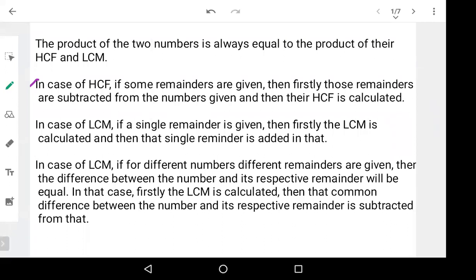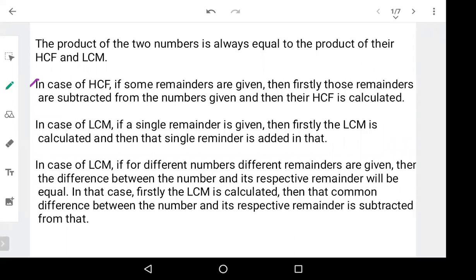They will usually ask problems like: find the largest number which divides three given numbers and leaves a remainder of 2 at the end.